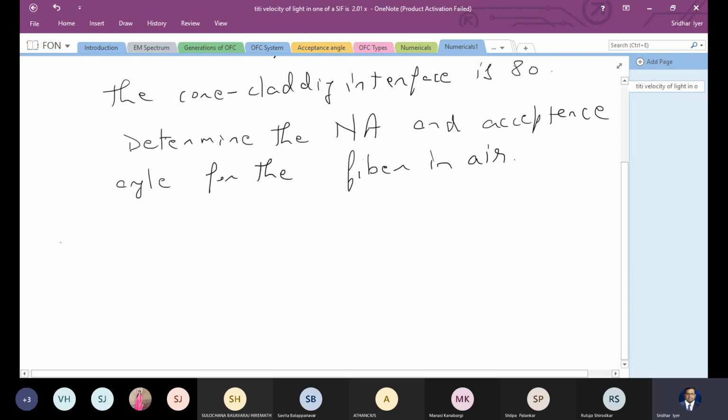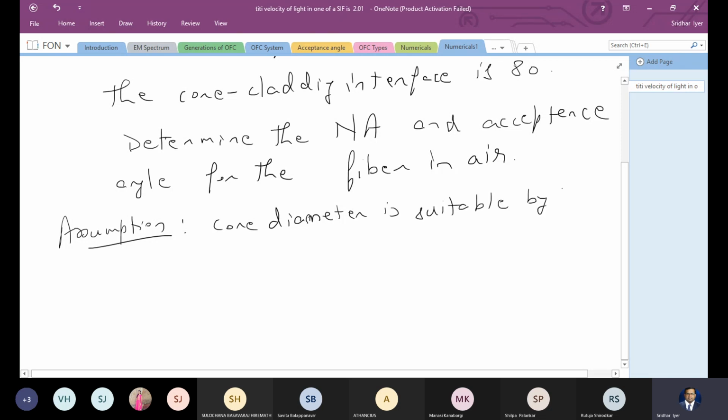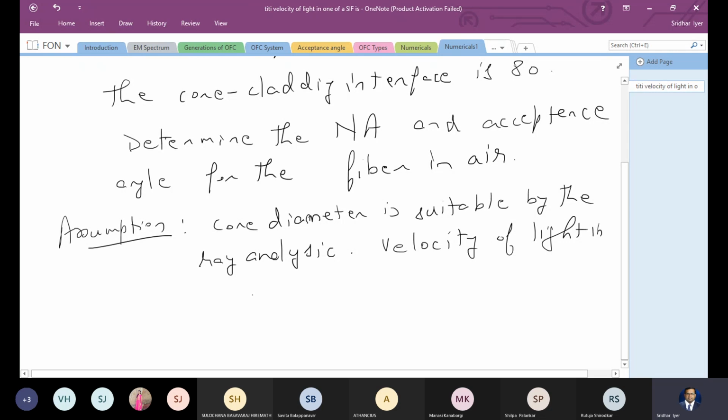So let me write that here. The assumption is that the core diameter is suitable for the ray analysis, and the velocity of light in vacuum is 2.998 into 10 raised to 8 meters per second, right?